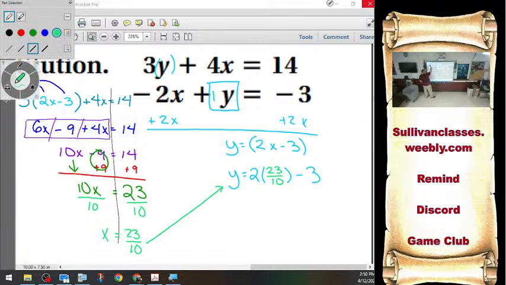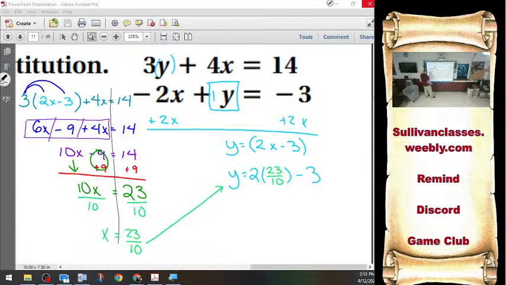Now, if you have a calculator that'll do the fraction stuff for you, that's cool. If you got the mental mojo and you remember how fractions work, divide by 2, multiply straight across. That's y is 23/5 minus 3.